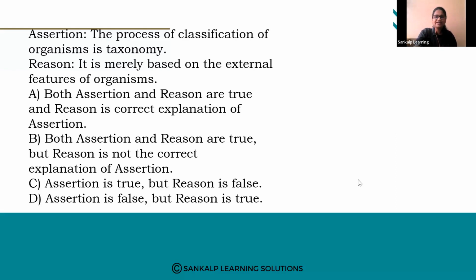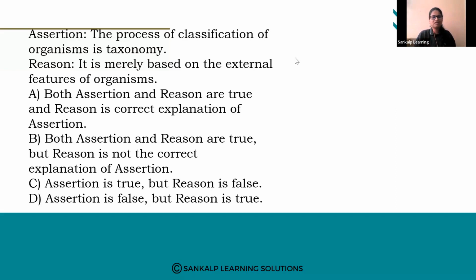So the right answer is here. The process of classification of organisms is taxonomy. That is right. It is merely based on the external features of organisms. Merely means it is only very slightly based on external features. It is usually based on morphological as well as phylogenetic or evolutionary relationships.